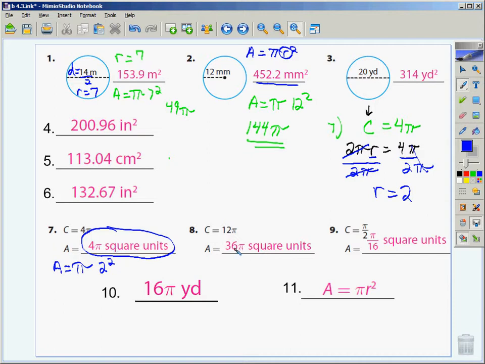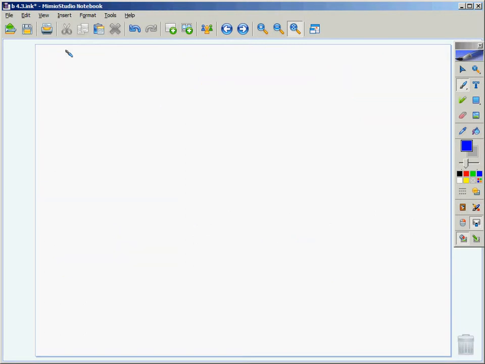Okay. So number 8 would be the same type of thing, where they gave me C equals 12 pi. What can I put in place of c? 2 pi r.